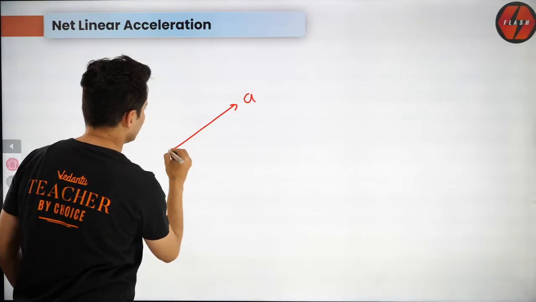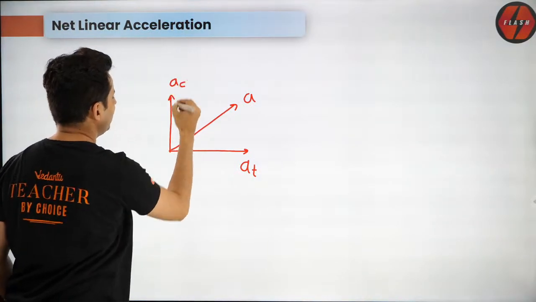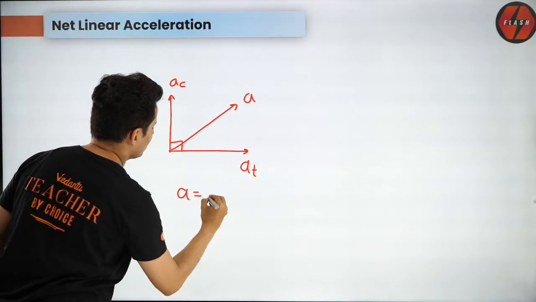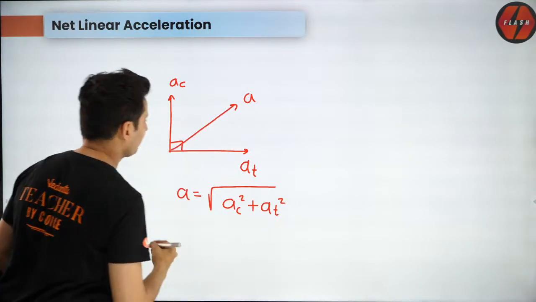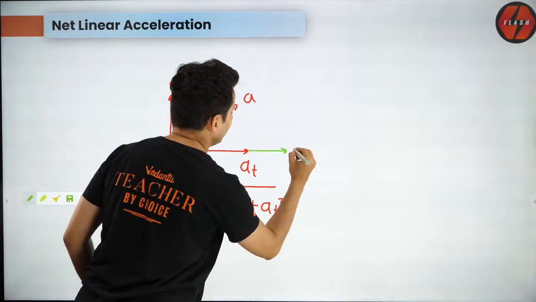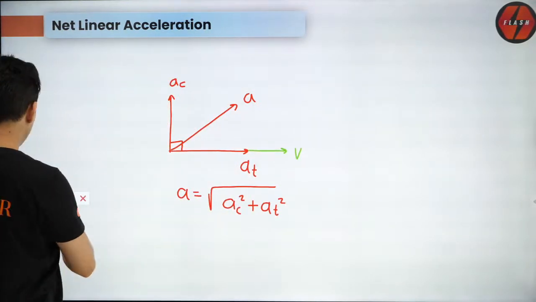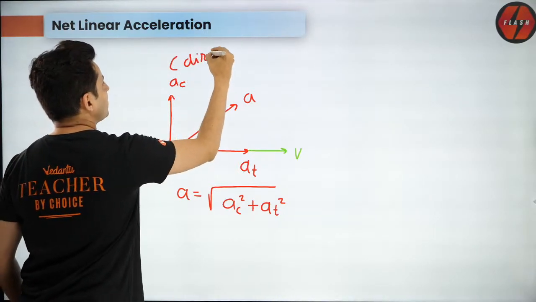If this is the acceleration, this is tangential. If this is centripetal, this acceleration again is root of ac square plus at square, and tangential is the one which is in the direction of velocity. Remember that. Again, centripetal is responsible for direction change.